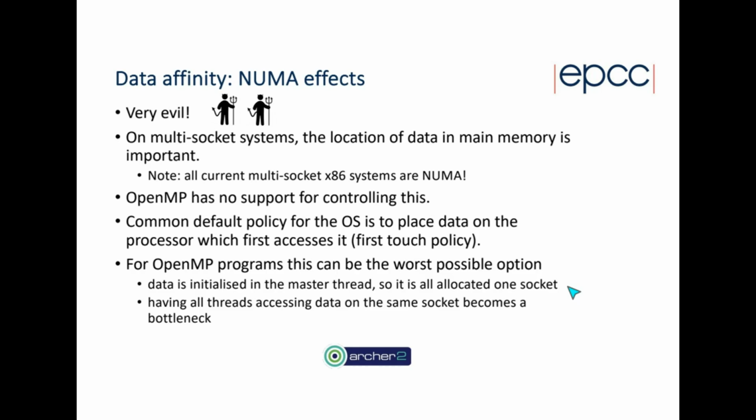Having all your data in one NUMA domain means you are restricting your memory bandwidth to the bandwidth available for that bit of main memory, and you're throwing away the rest. If you wanted to run an OpenMP program on all 128 cores on a node, you can end up having access to only 1/8 of the available memory bandwidth if you're not careful.